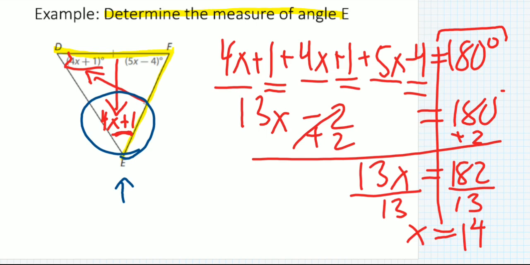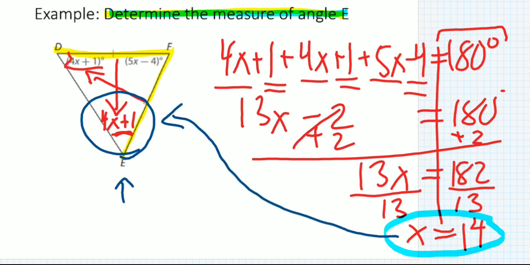Now some of you, this is where you're going to stop and feel really good about yourself, and you should if you're able to get to that point. But you've got to read the directions. It doesn't say solve for x. It says find the measure of E. So you plug it back in. That will be our final answer.